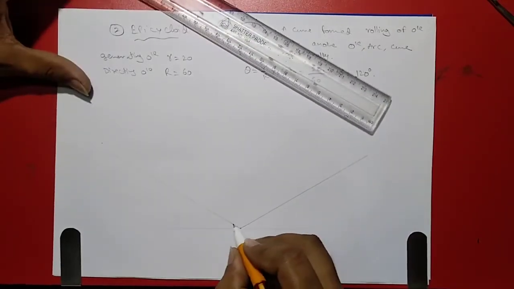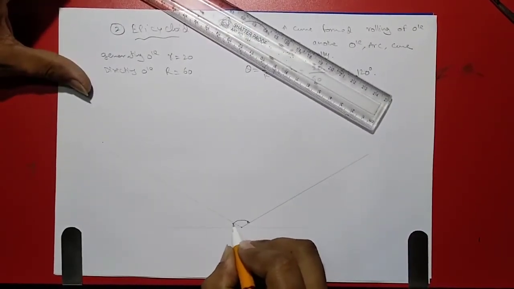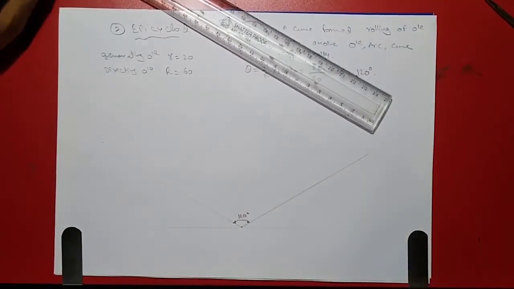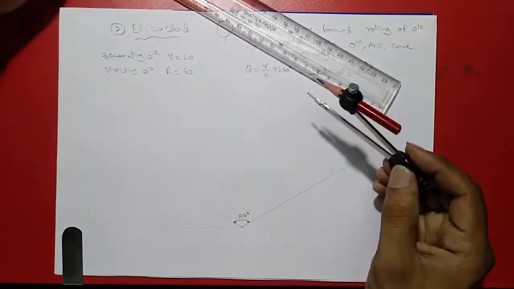So the total angle would be 120 degrees for this, and the radius we have to consider over here is 60.